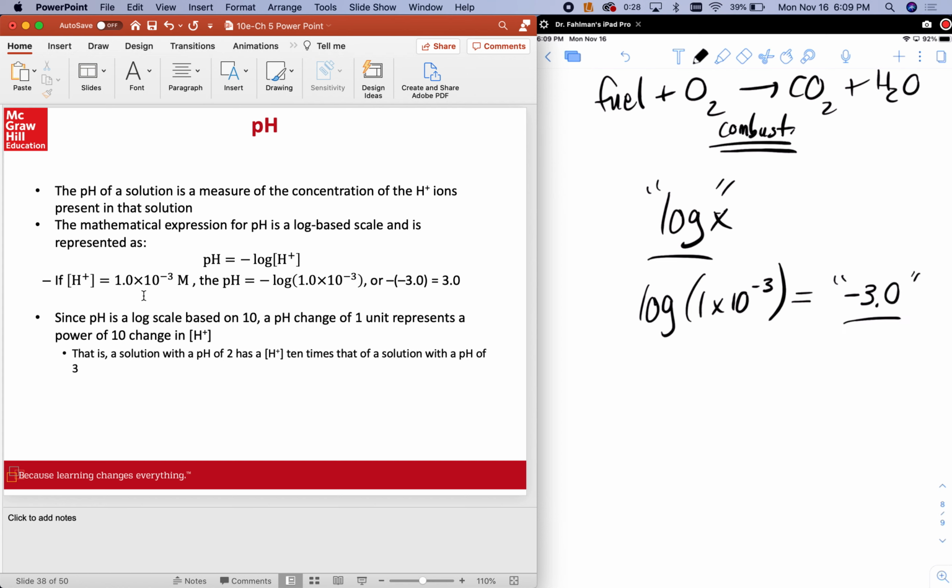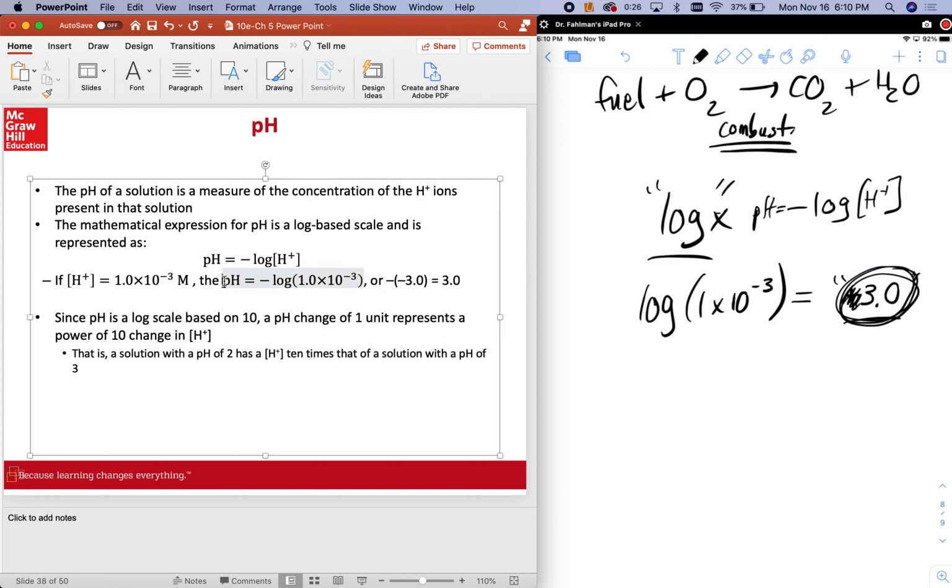But pH is minus log of the proton concentration, so we take the opposite of the sign, and that's why the pH is then a positive value. Shown more directly, pH is minus log of it, so it's a minus of the minus 3, which gives you a positive 3.